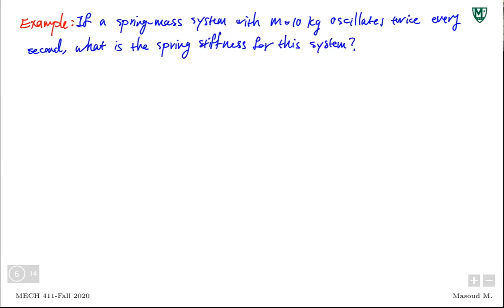Isn't a hertz 1 over seconds? That's the unit, 1 over seconds, exactly. But what was the definition of that? What is the frequency of this system now, knowing the concept of frequency in hertz?